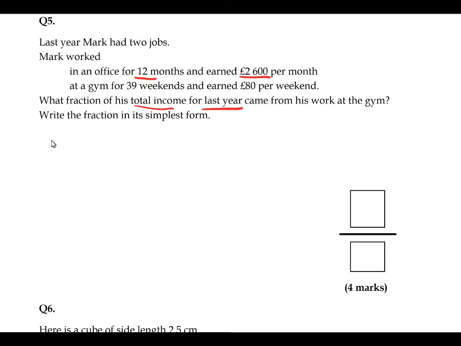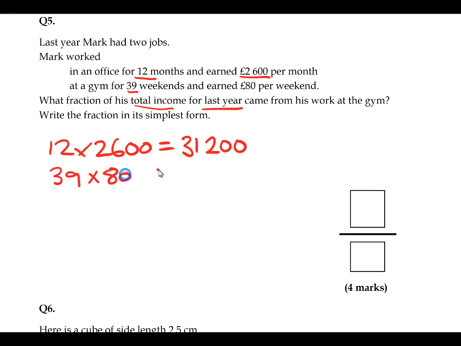So we need to work out what he earns in a year. So he has 12 months at £2,600 a month. Do this on your calculator and you can see he earns £31,200 from the office job. Do the same for the gym work, so it's 39 weekends at £80 for each weekend, and that is 3,120.